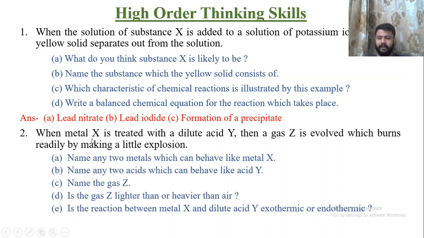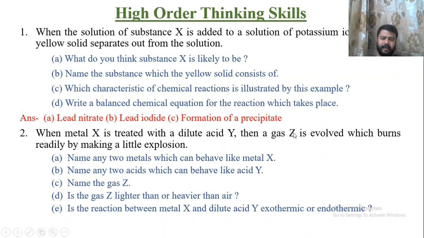Okay. Now second question. I want you people to solve this question. Just pause your video and try to solve it. I will give you the answer. I'm just giving you some sort of hint. When a metal X is treated with dilute acid Y, then a gas Z is formed. Whenever a metal reacts with acid, it gives you hydrogen gas.